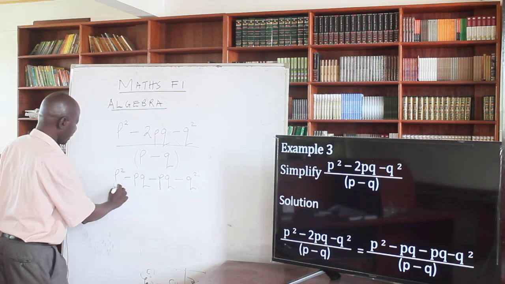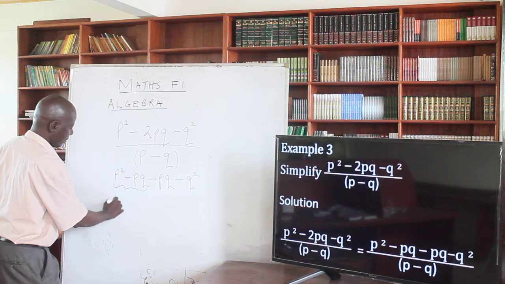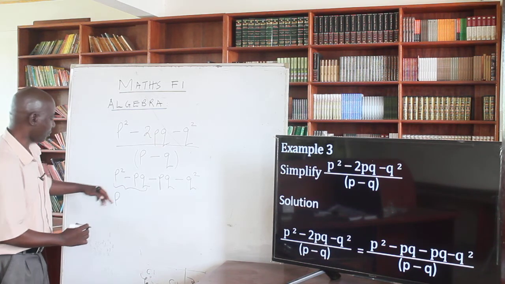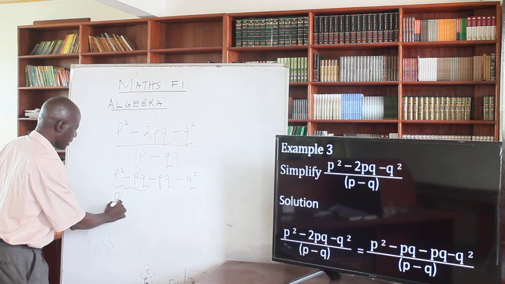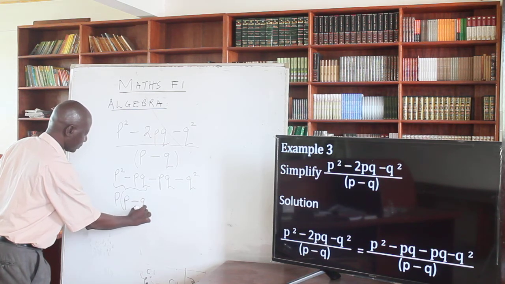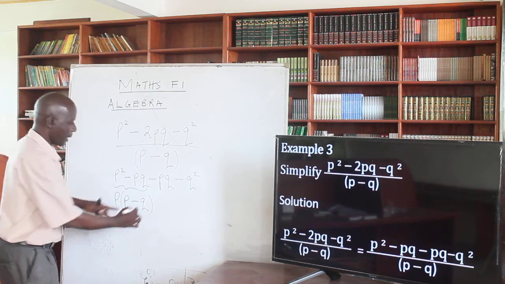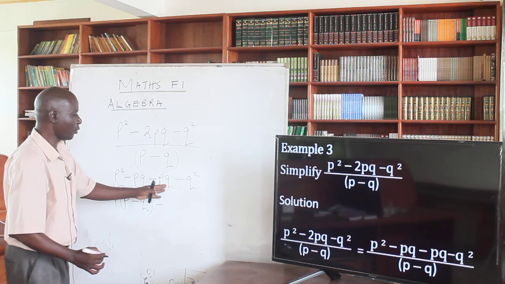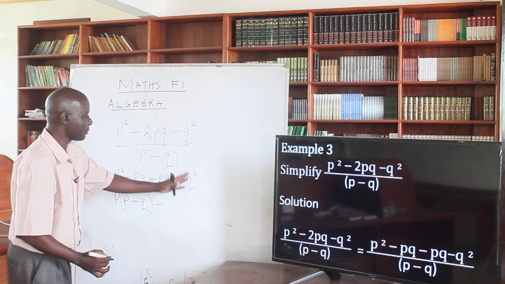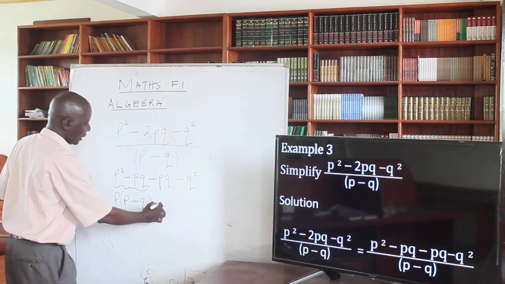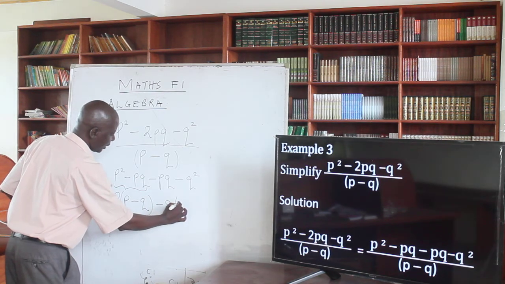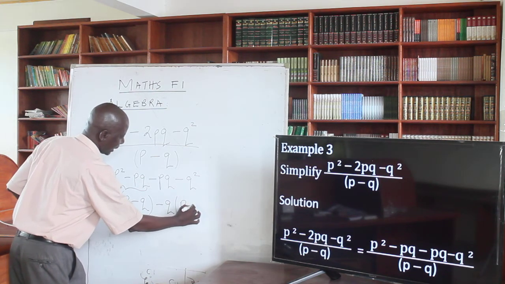The first group will give us P, which is common, so P is outside the bracket, and inside the bracket you have P minus Q. Then, in the second group, Q is common because Q squared is Q times Q, so Q is taken outside the bracket, remaining with P minus Q.